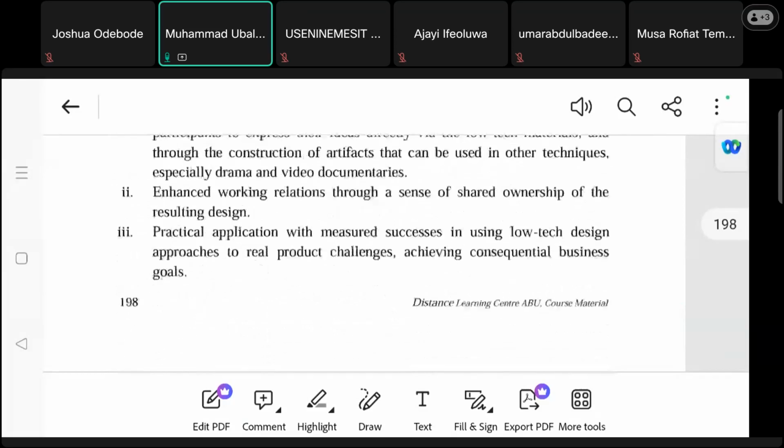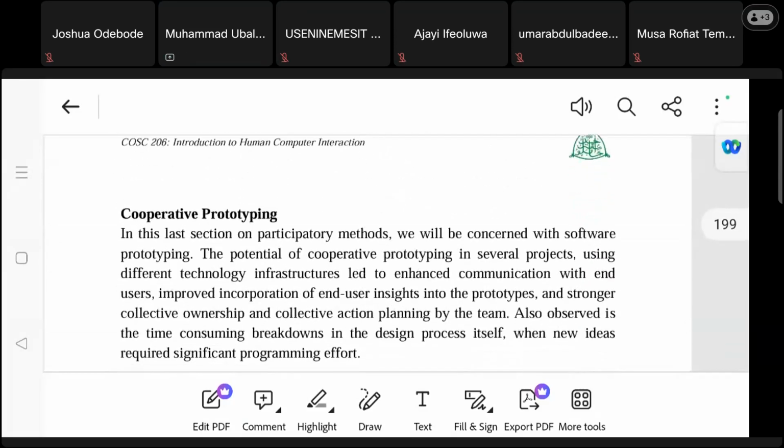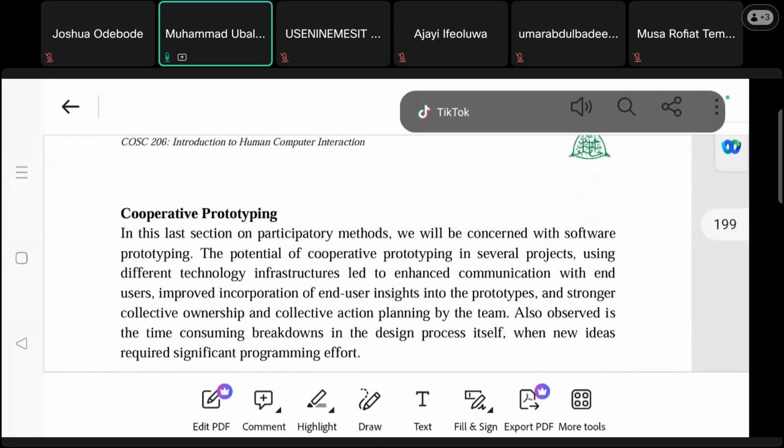Now, let's look at the next one, which is the cooperative prototype. Now, the cooperative prototype is concerned with software prototyping. And when we say software prototyping, it means using software or advanced tools to produce whatever it is that we want to represent.